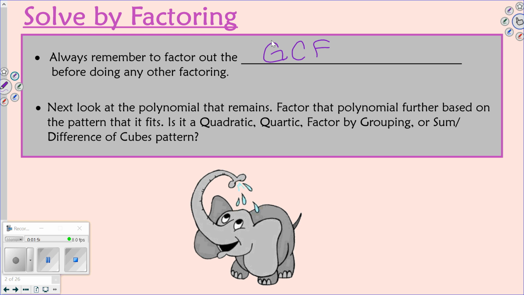To the 4th. That one actually acts like the pattern that we've already done, and I'll explain that in a little bit. Is it factor by grouping, which will be 4 terms, not 4th degree, 4 terms, or is it the sum and difference of cubes? What's a cube mean? X to the 3rd. So you have to be able to look at what's left to figure out which style of factoring it is.